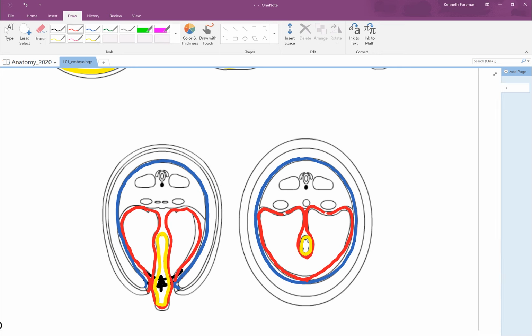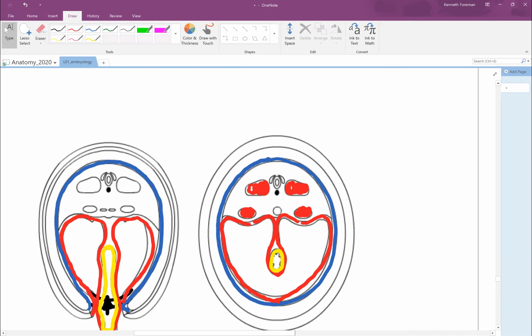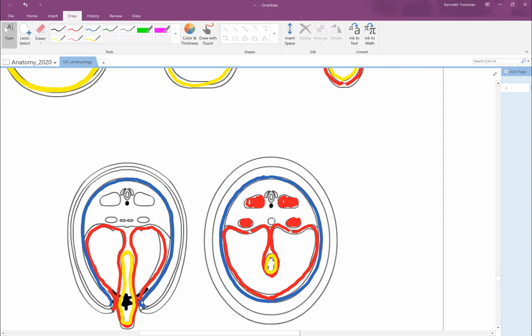In addition, we have here the somites, the somatic mesoderm, and then we have the intermediate mesoderm. And in the center, we have our neural tube.